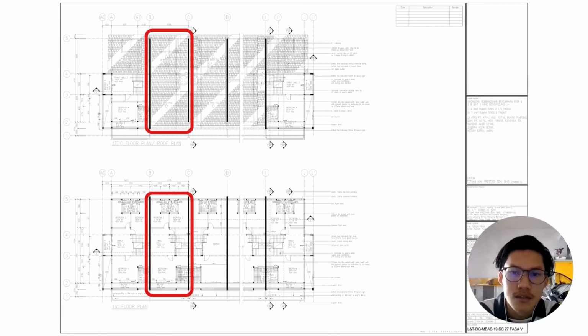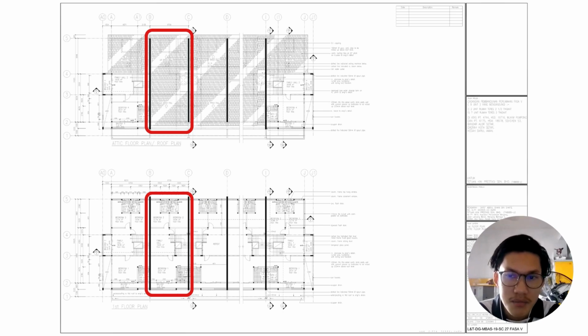Next slide is the attic roof floor plan and the first floor plan. In this slide, it shows that the roof floor plan illustrates the roof layout and the supporting structural element. And for the first floor plan, it consists of bedroom and bathroom arranged in a repetitive and symmetrical layout.